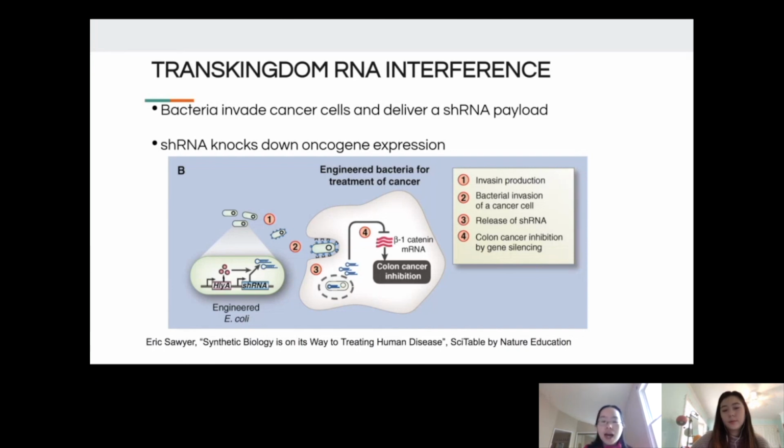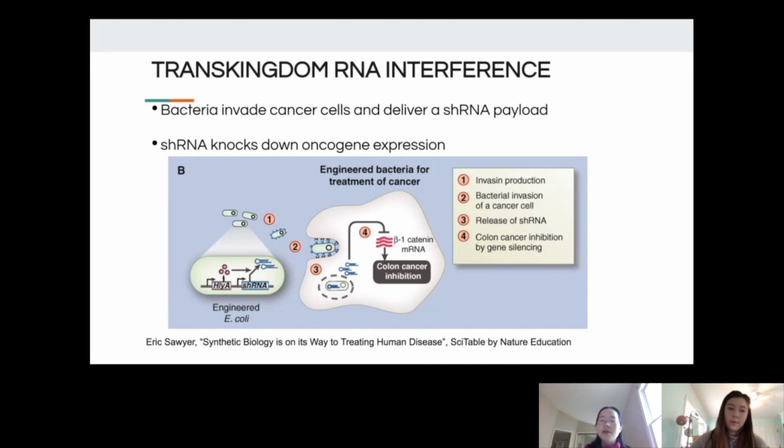There are two genes involved: the HlyA gene, which encodes listeriolysin O, and the invasin gene. The invasin gene allows the bacteria to bind to beta-1 integrin receptors on the cell membrane, and this causes the bacteria to be endocytosed in an endosome.